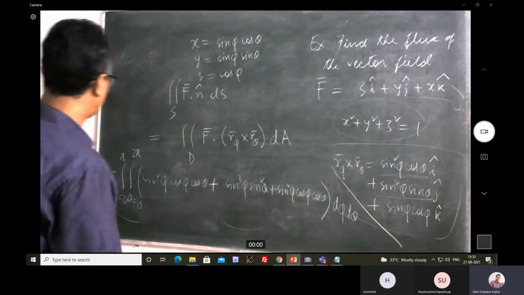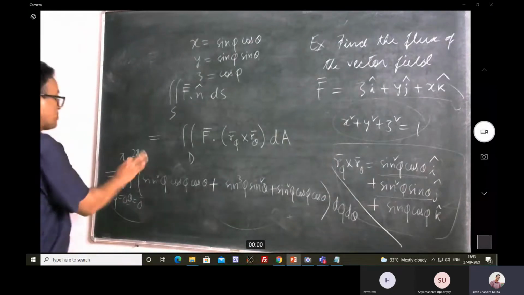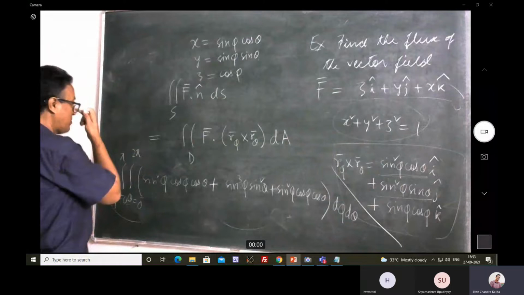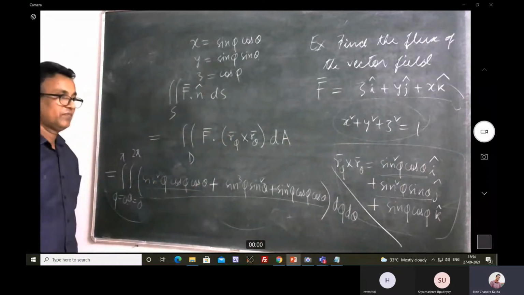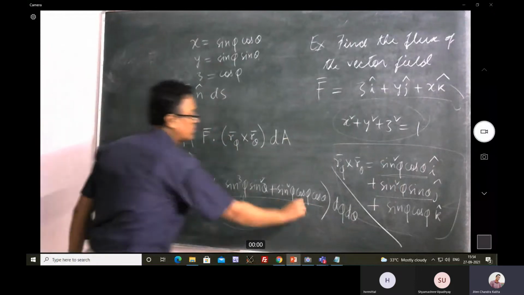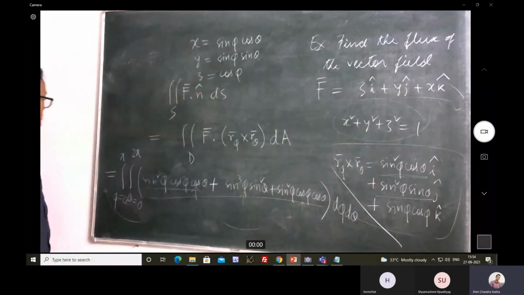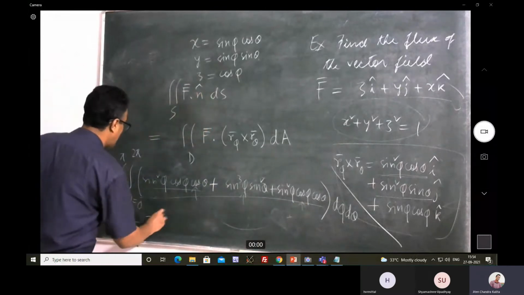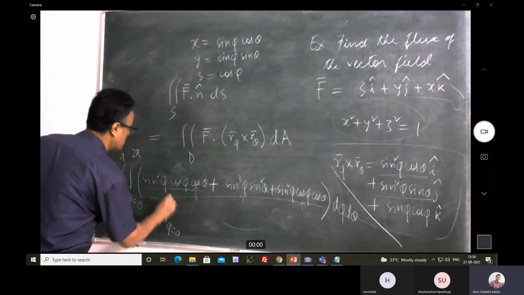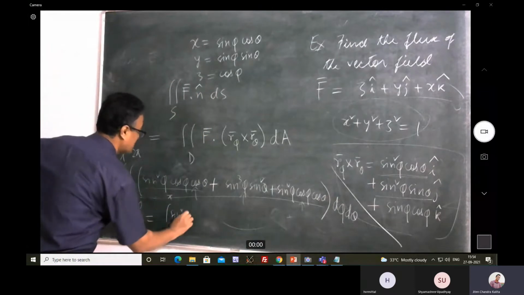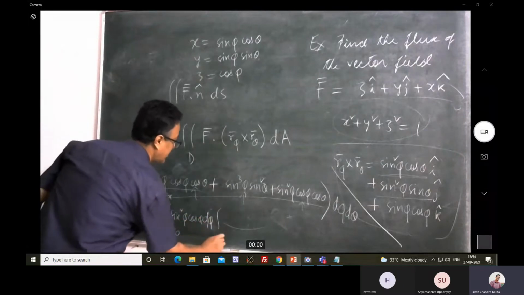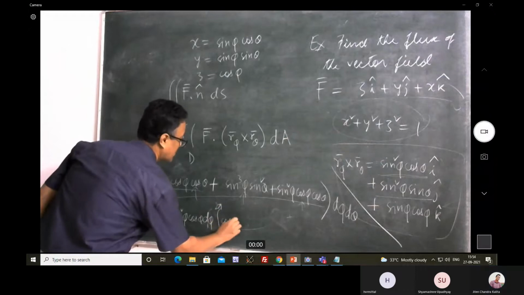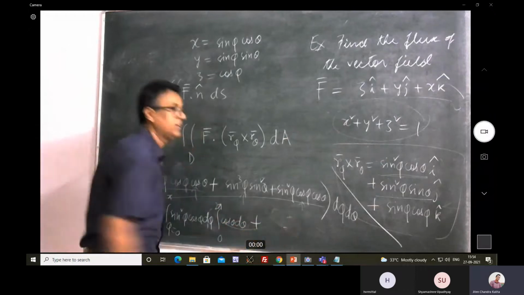Now interestingly, you don't need to worry about this being a big integral. It is of variable separable type, isn't it? Each of these individual functions is of variable separable type. For example, this first one I can simply write as the integral of phi from 0 to pi of sin squared phi cos phi d phi, times the integral from 0 to 2 pi of cos theta d theta.